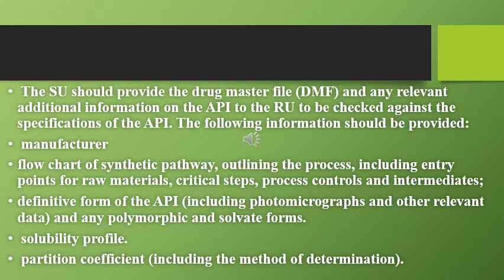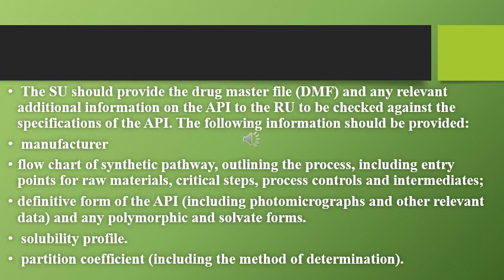Definite form: if our API has any photomicrographs and other relevant data, any polymorphic and solvent form, like if the API is convertible, and how we will protect our API, because there are some changes because of which the API will change properties.